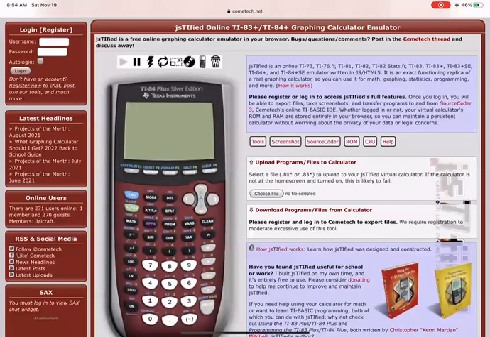So last time, to do permutations, we typed a number, then we went to math, and then we typed the value of R. So we are going to do the same thing: math over to PRB, select number 3, which is nCr, followed by 2. Enter. Oh, I get 6.